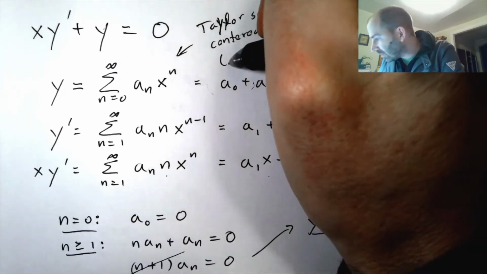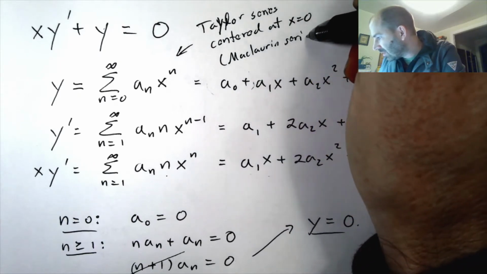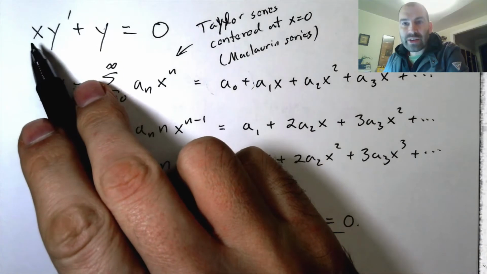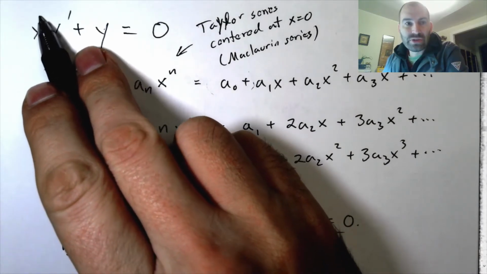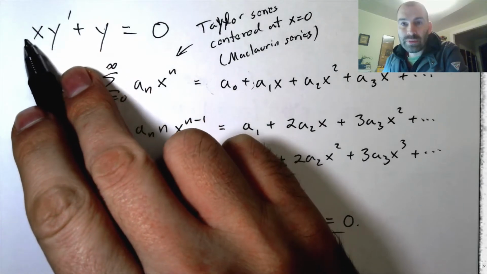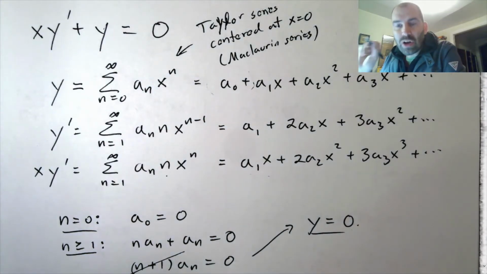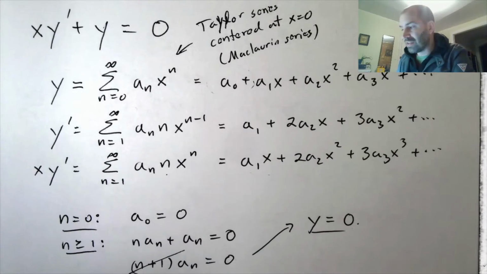In other words, a Maclaurin series. And this has a factor of x minus 0, some piece whose root is 0. This is called an ordinary singular point. And this is going to cause problems like we're seeing here. I didn't get a complete solution. I got a solution, but it's not the full picture.